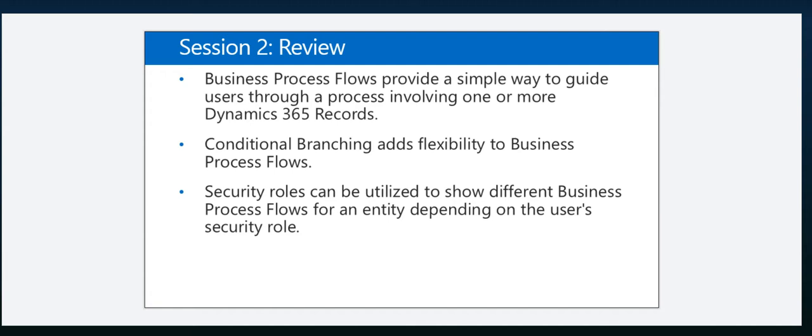And finally, of course, you can use security roles to help you define what business process flows each user sees, depending on the security roles they have been assigned, so you can determine who uses what flow on what entity.